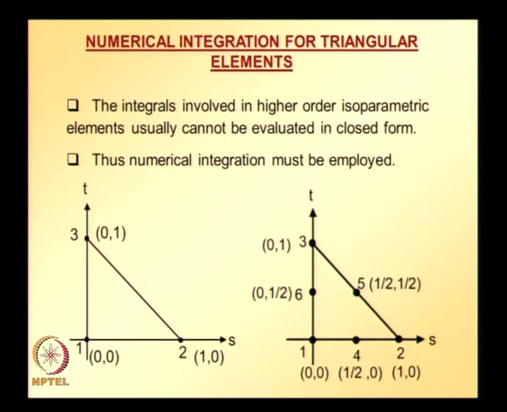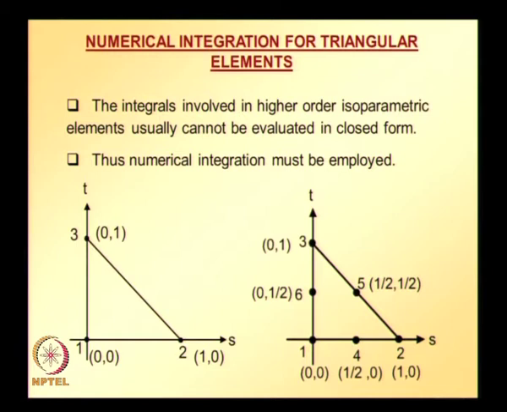Whichever it is, you can easily see that the vertices of these two triangle elements are located at (0,0), (1,0) and (0,1), and also S goes from 0 to 1, T goes from 0 to 1.